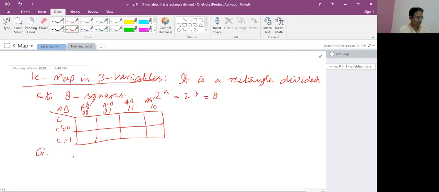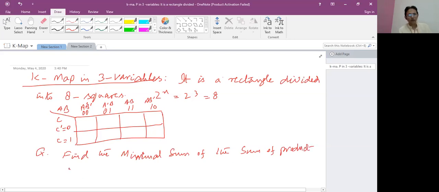The question is: find the minimal sum of the sum of product expansion, use K-map.